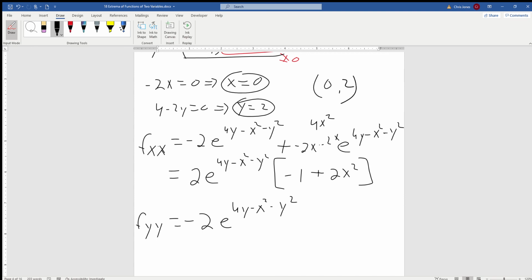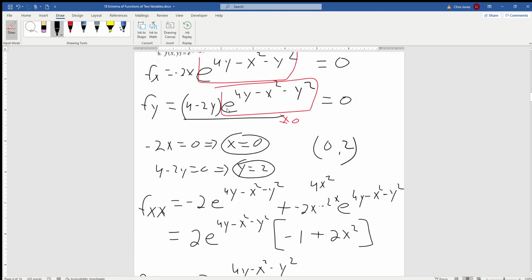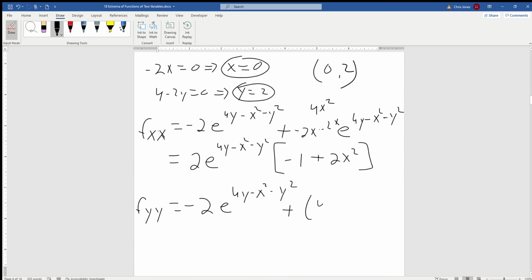And then plus, when we take the derivative of this e, it just stays e. But then we take the derivative up top here, and that's going to give us a 4 minus 2y times the other 4 minus 2y. So we're going to get (4 minus 2y) squared times e to the 4y minus x squared minus y squared.